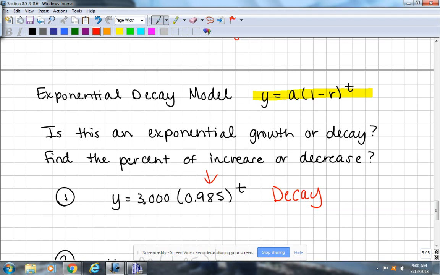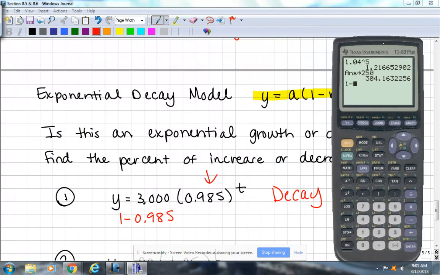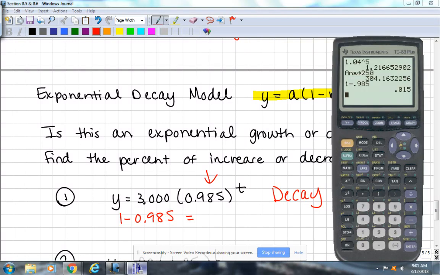How do you think I can find the percentage of how much it decreased? See how much it takes to get to 1, exactly. So if I take that number and subtract it from 1, so 1 minus 0.985, hit enter, I get 0.015.